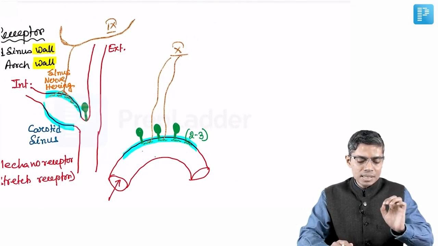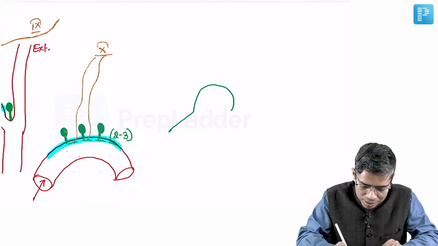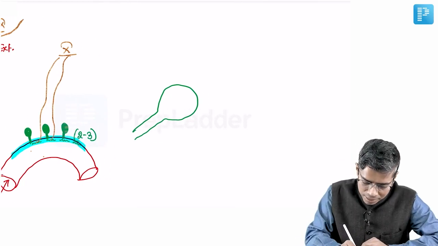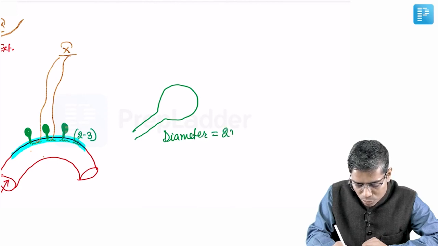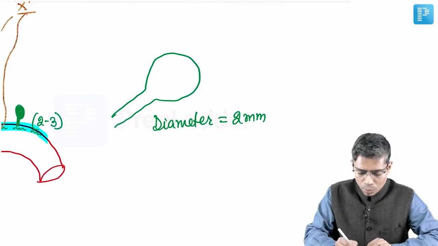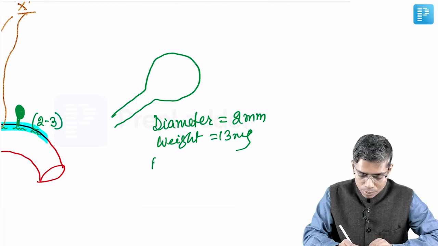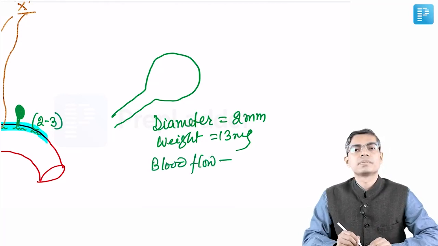Now, if I look at this carotid or aortic body, this is a very small tissue. It is said that the diameter of this small tissue is only 2 millimeter, and the weight is 13 milligram. But if you look at the blood flow, it is very, very enormous.